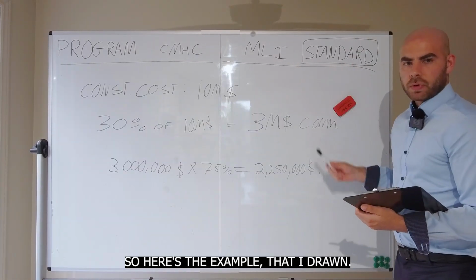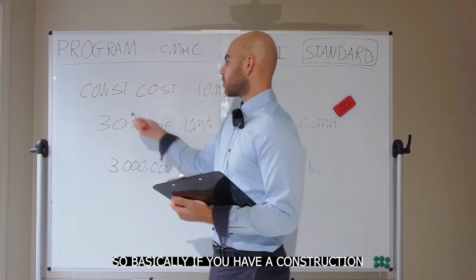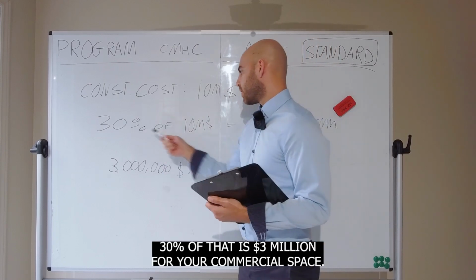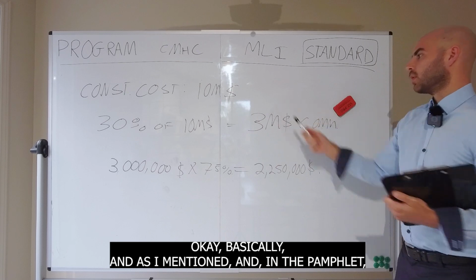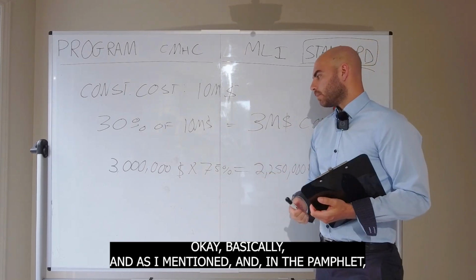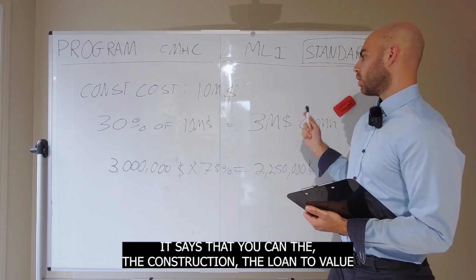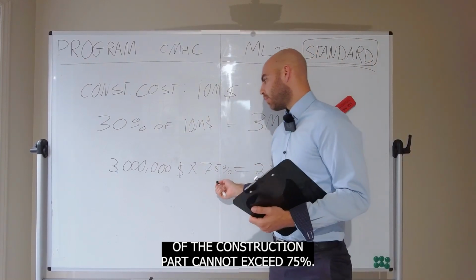So here's the example that I drew. Basically, if you have a construction cost of $10 million, 30% of that is $3 million for your commercial space, okay? And as I mentioned in the pamphlet, the loan to value of the construction part cannot exceed 75%.